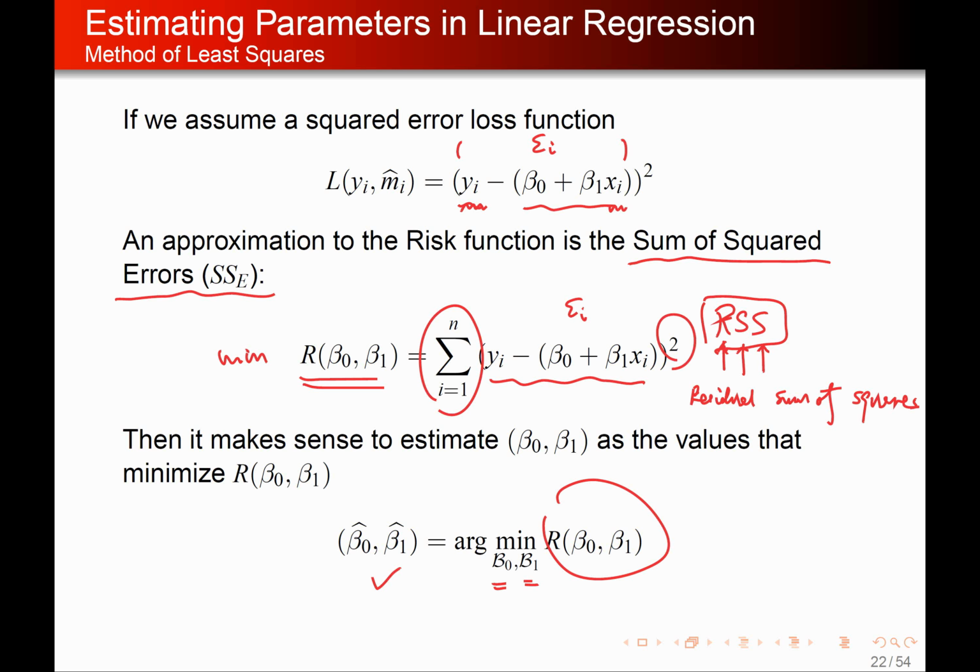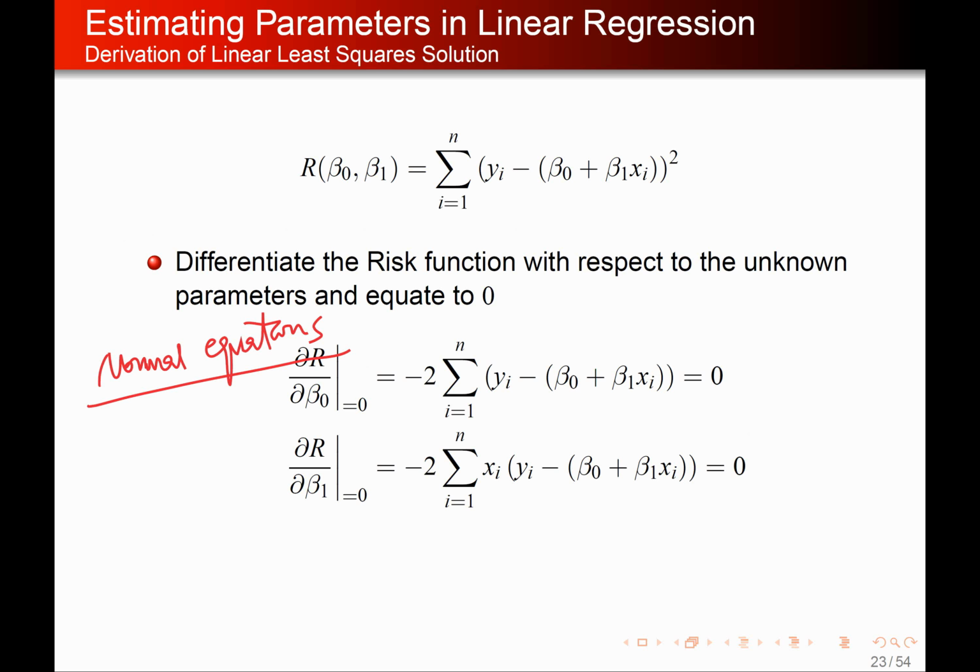Then it makes sense to estimate beta 0 and beta 1 as the values that minimize this function, the residue sum of squares. So we want to find beta 0 and beta 1 which minimize this function and give us the best estimate. Here this is our loss function, RSS.